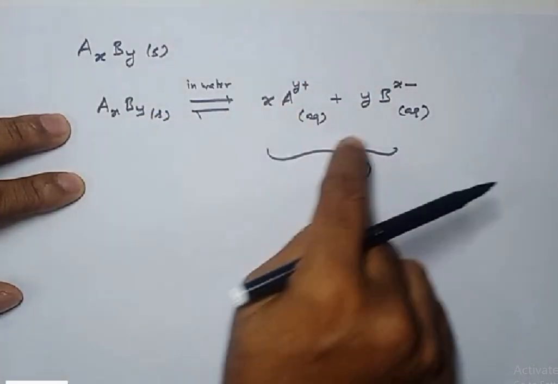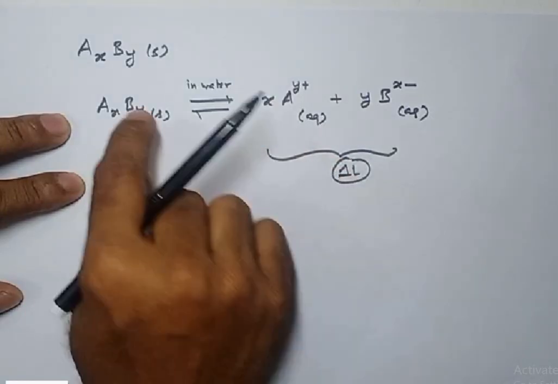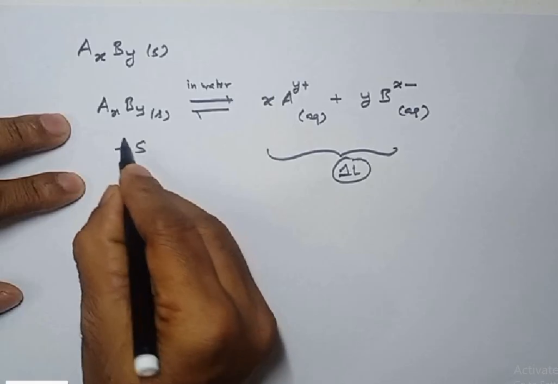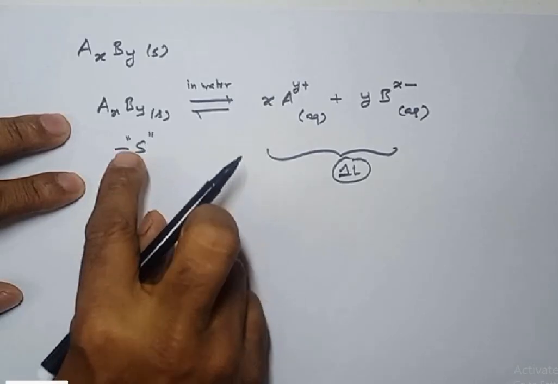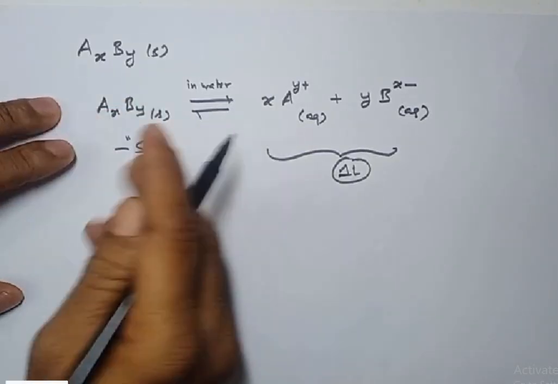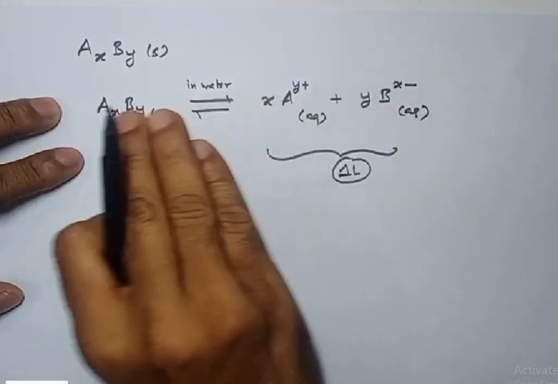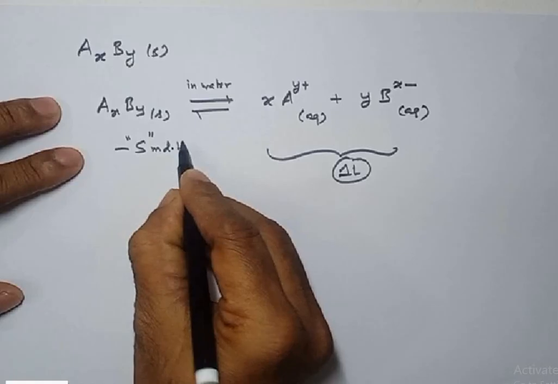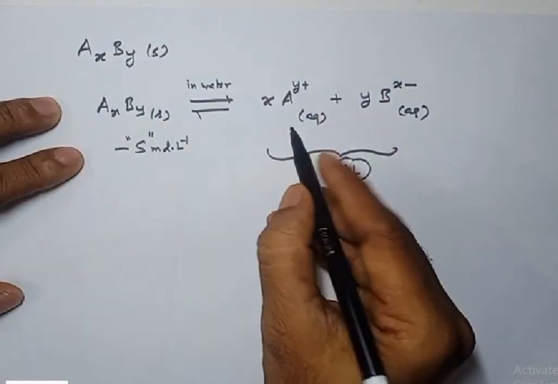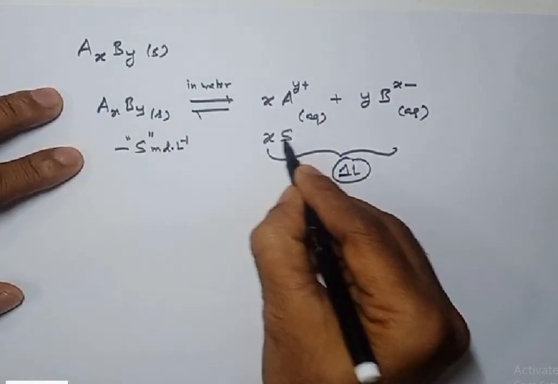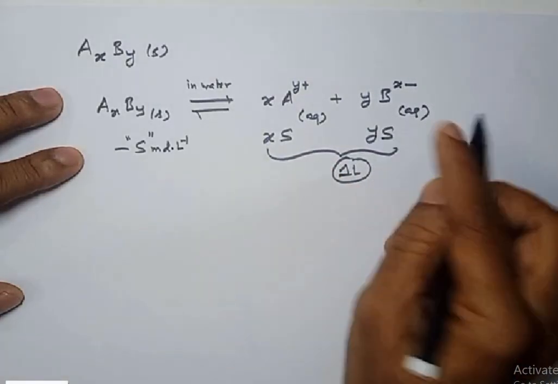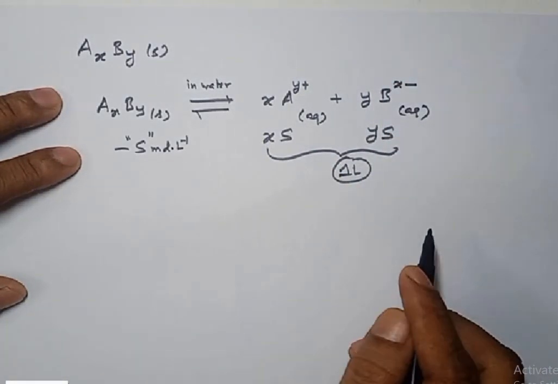If the solution volume is 1 liter, then the amount of the solid dissolved in water is nothing but solubility, which is S mole. So from whatever amount we don't know, S mole is dissociating. Therefore, S mole per liter is dissolved. So we get x times S mole of A cation and y times S mole of the B anion.